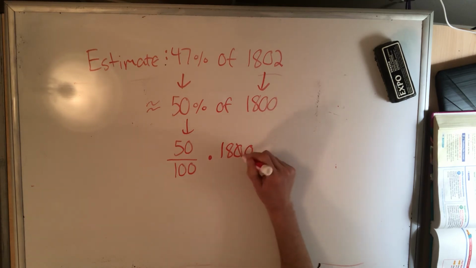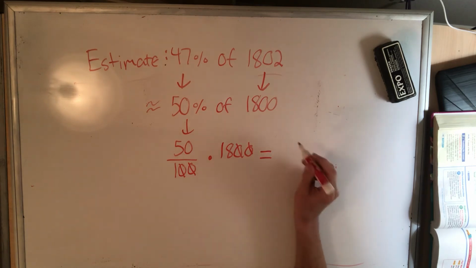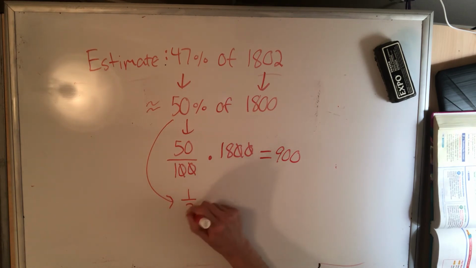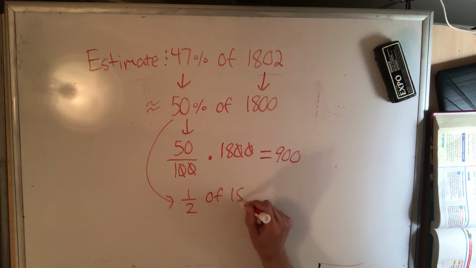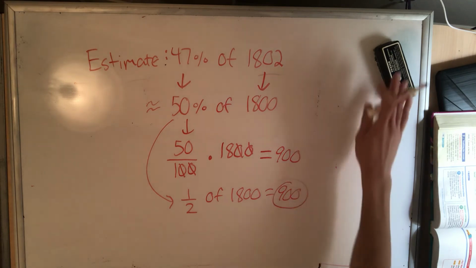You can cancel out 2 zeros on top with 2 zeros on the bottom. 50 times 18 is 900. Or like I said, 50% is 1/2. 1/2 of 1,800 is 900. So 47% of 1,802 is approximately 900.